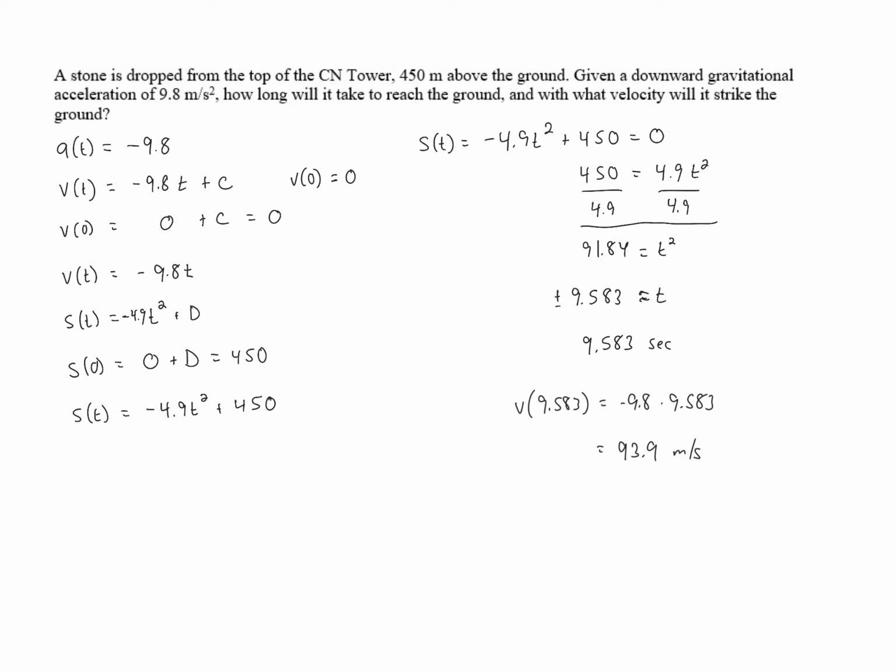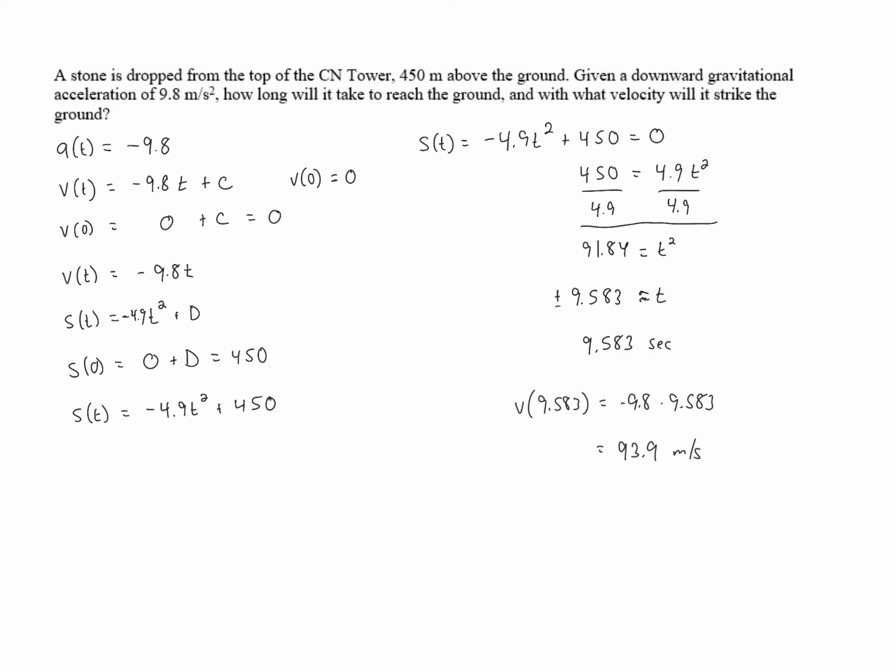Once we know our velocity function, we can anti-differentiate again to figure out the position function. Again there's a constant, and we need a piece of information to figure it out. In this case, that was our initial position. We were 450 meters above the ground.